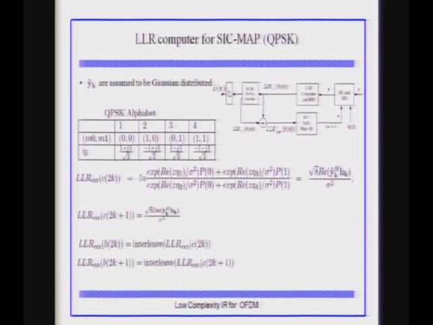That's why these expressions, this e power, this is the probability of the bit being 0 and the probability of the bit being 1 for this particular constellation.